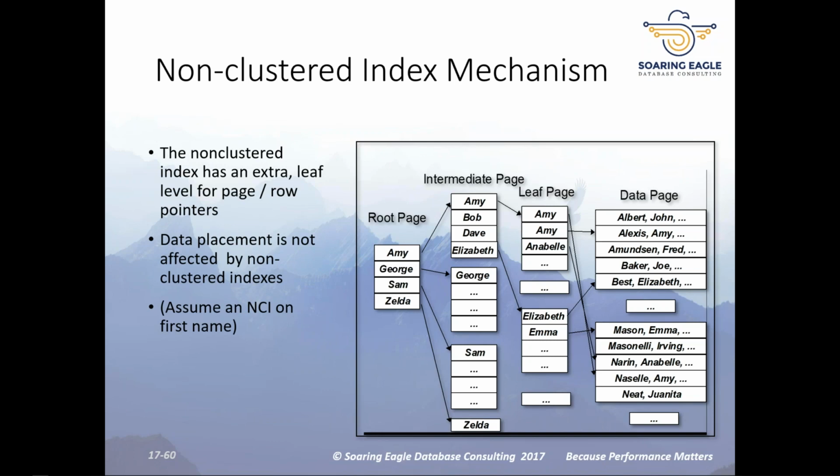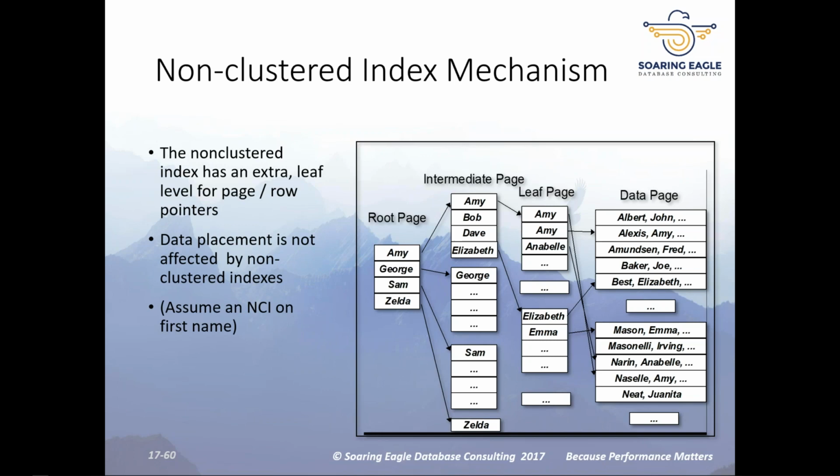Let's talk about using the non-clustered index just a little bit more. Now, I would like to draw your attention to these leaf pages. These leaf pages right now have first names in them, and they're physically sorted, and the pages are chained together. This is kind of interesting. Let's pose a question.